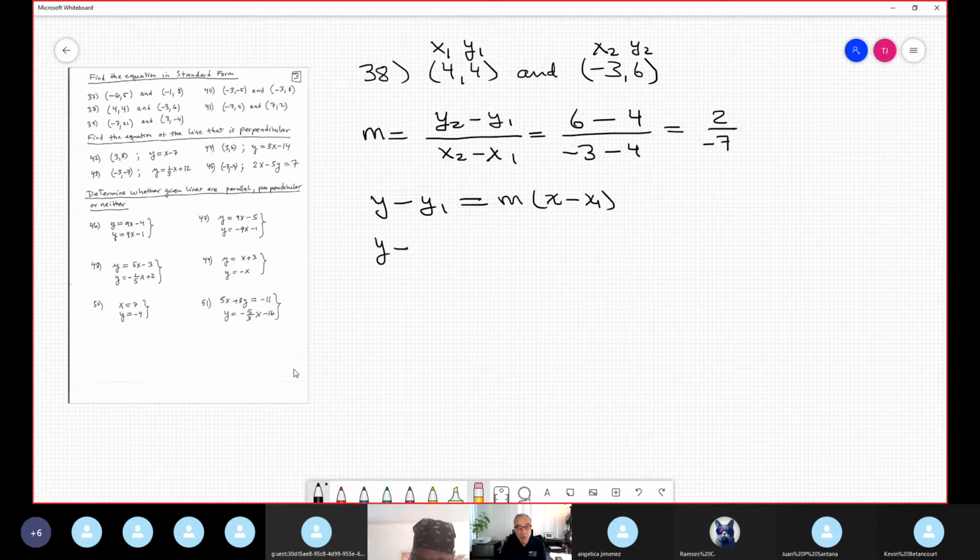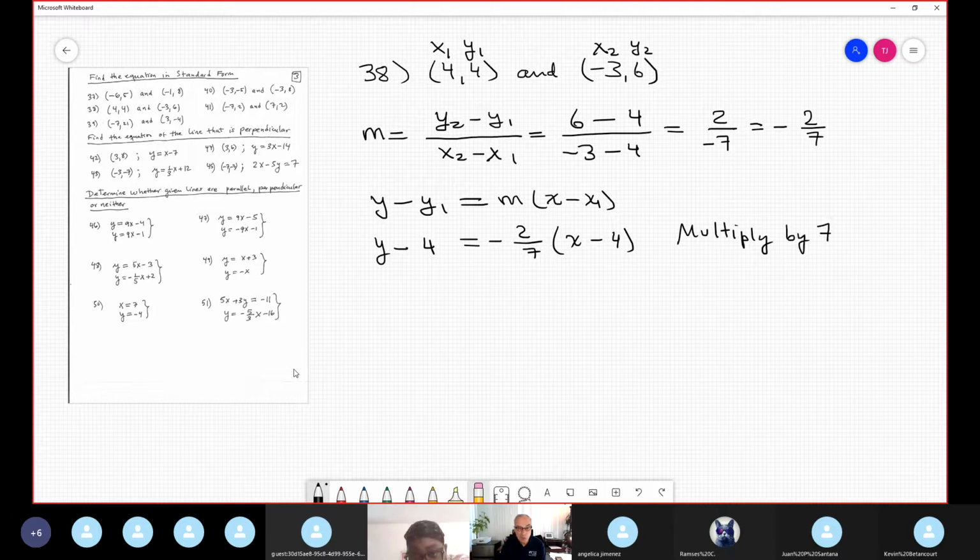y minus y1 is 4. The slope is -2/7. I highly recommend that you put a negative in the front. It's more elegant. Parenthesis x minus x1, which is 4. Okay, now you multiply by 7, because I want to eliminate this fraction.